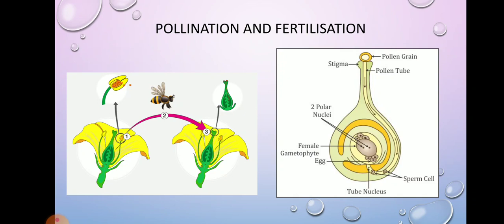Here the sperm cells, or the male cells which are present in the pollen grain, fuse with the female cell or the egg cell, and there a nucleus is formed, and this is how fertilization takes place and the seeds grow inside the ovary.